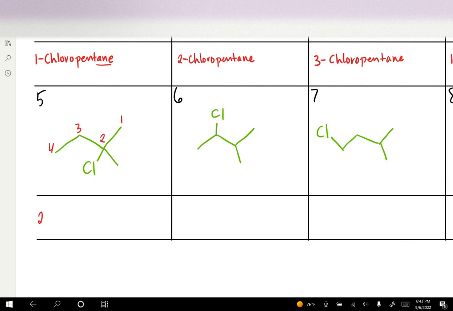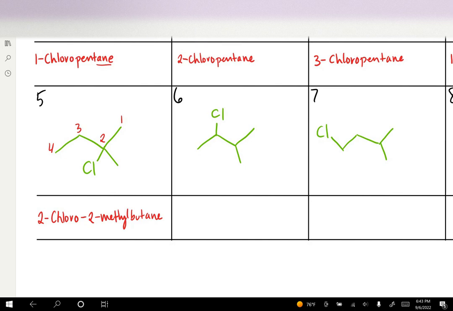So, just like that last one, chlorine comes first, 2-chloro-2-methylbutane.